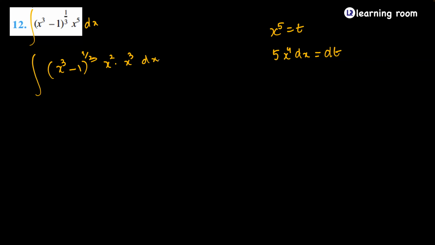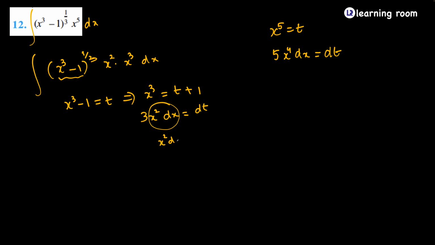In the sense, you can take this x cube minus 1 as t, so that you will have x cube equal to t plus 1. Now differentiate this. What will you get? 3 times x square dx is equal to dt. So x square dx will be dt by 3.